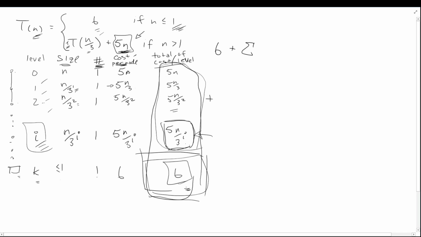It's general, it expresses the term generally, okay? Meaning it expresses it for every level. Meaning I can write that right here, 5n over 3 to the I, as long as the sum I'm summing over is I. And then I just need to decide what are the two bounds for my I here.